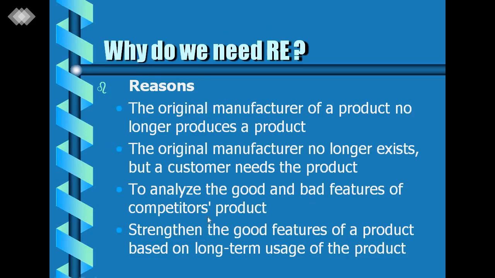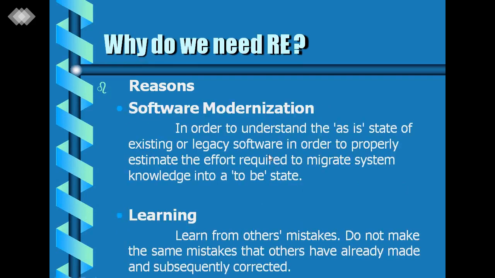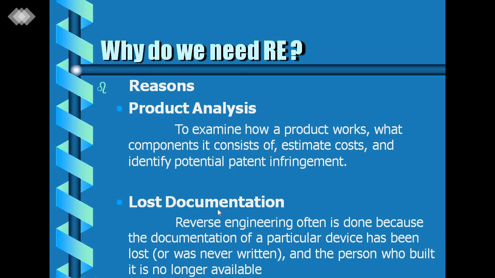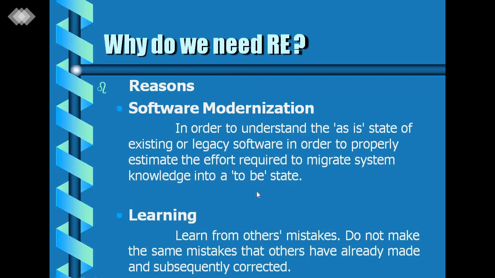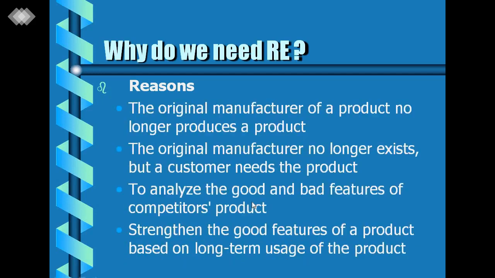Here are some different reasons related to software reverse engineering. The previous four are product analysis, lost documentation, software modernization, and learning. Besides these four, we need reverse engineering where the product is no longer produced and the original manufacturer no longer exists, so the customer needs the product.